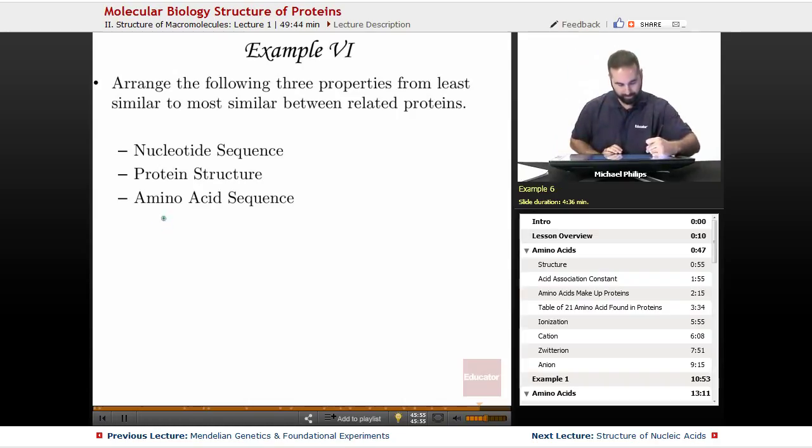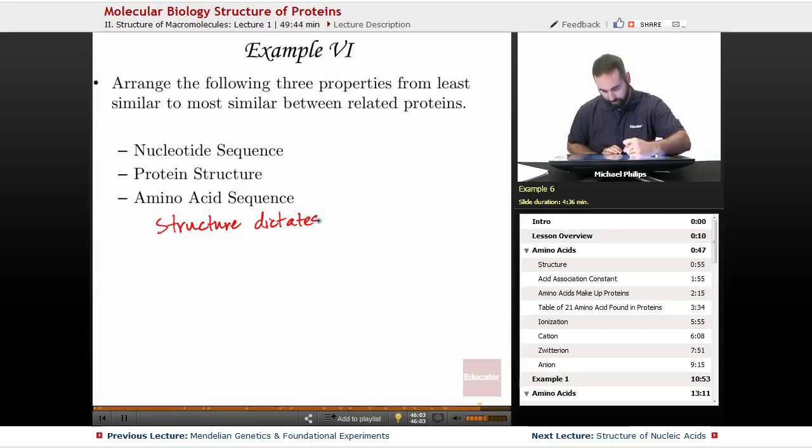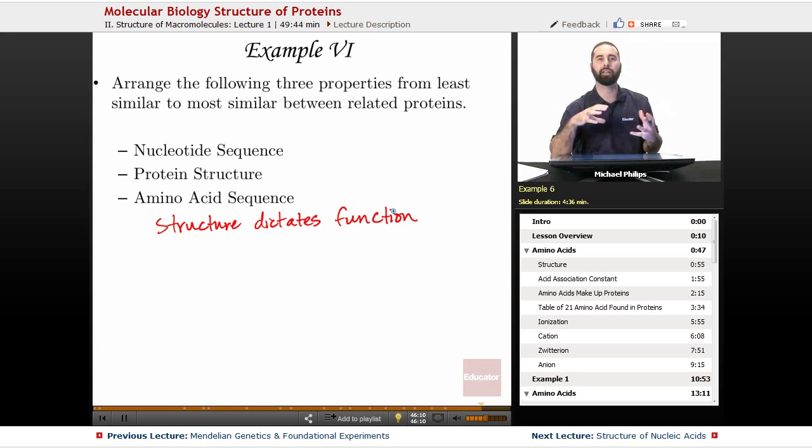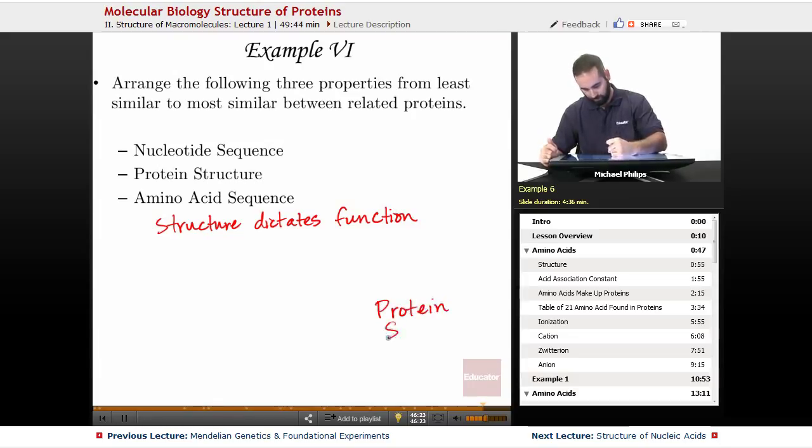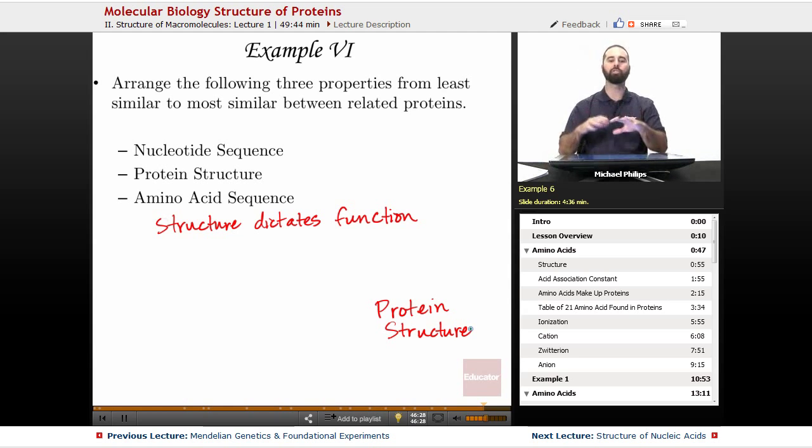So the structure dictates function. Meaning, multiple things that look alike can do the same thing. So we might see then that the protein structure is going to be the most similar.